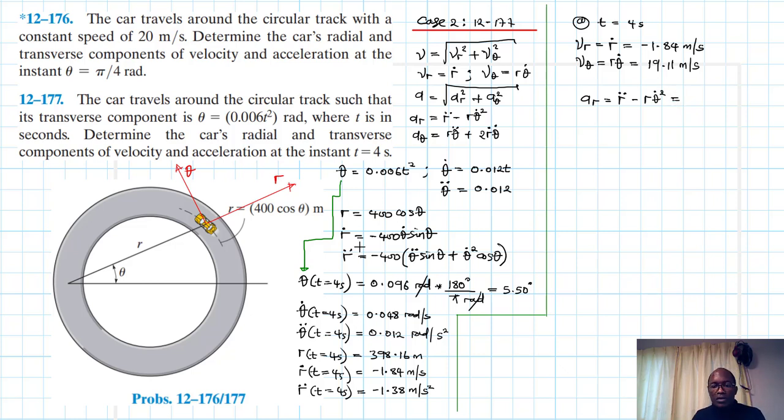Of course, we have all these values, we just need to plug in. r double dot, we already found, is minus 1.38, minus r, which is 398.16 times theta dot squared, which is 0.048 squared. And this gives us a minus 2.30 meters per second squared.